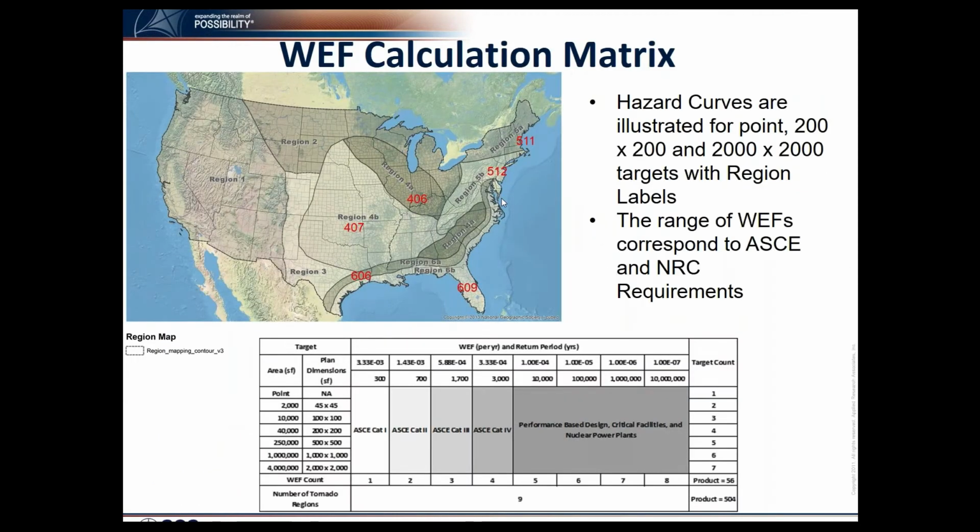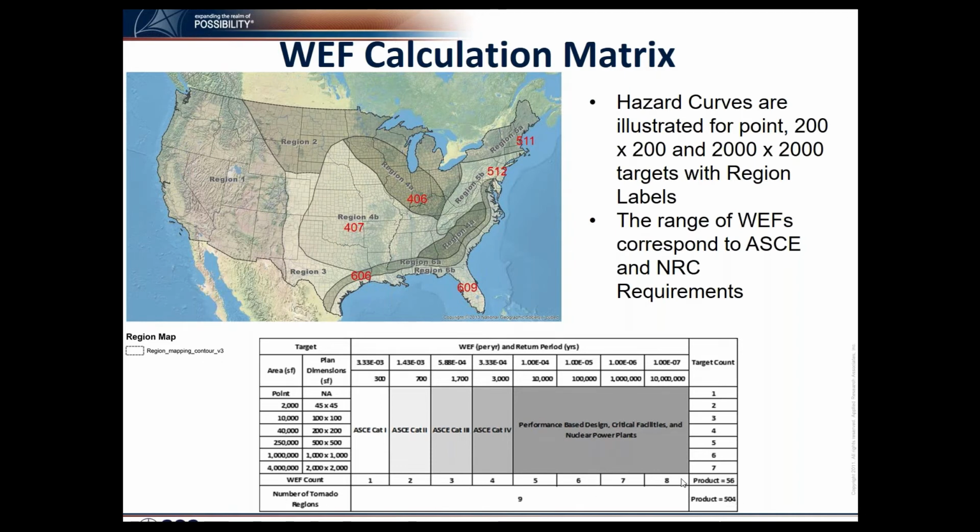So for the hazard calculation, we did it for many different area targets and the point target, and we also produced hazard for 8 different return periods. Altogether, we produced 504 hazard curves.